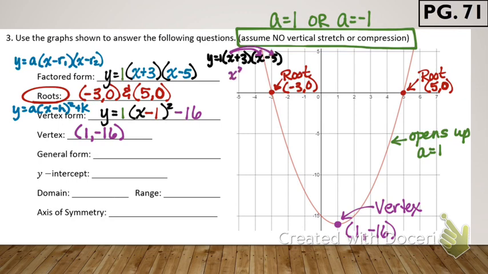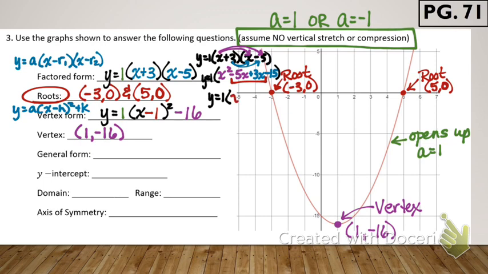So I have x squared minus 5x, and then I distribute my 3, so I have plus 3x minus 15. I've got these 2 like terms that I can combine together. So I have y equals 1 times x squared minus 2x minus 15.